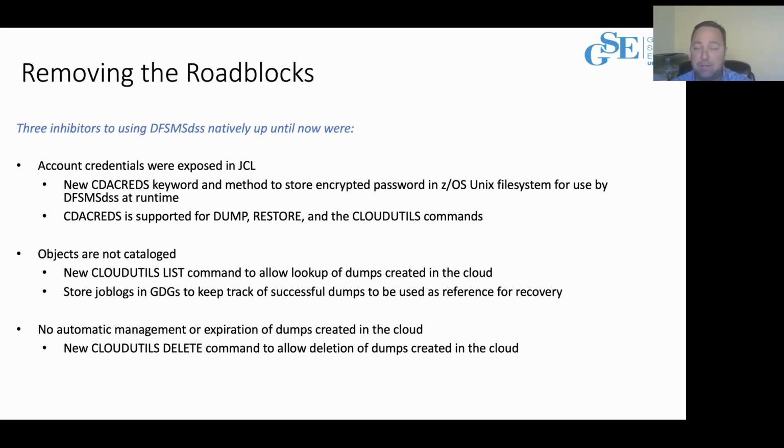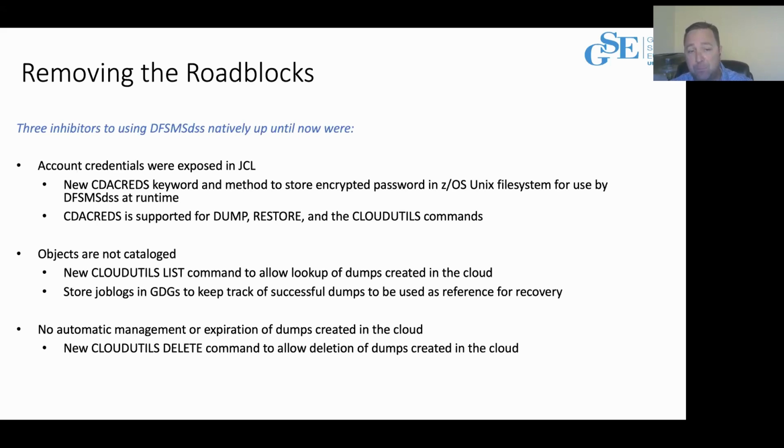And what that meant is that your JCL for the dump and restore jobs had to be in protected libraries, and really it may have been a showstopper for you. So what we've done is we've added a new keyword. It's called CDA creds, and that allows us to store the credentials encrypted in the Unix file system, and then we can use them at runtime to authenticate with the cloud. And what that means is there's no more password in the JCL.